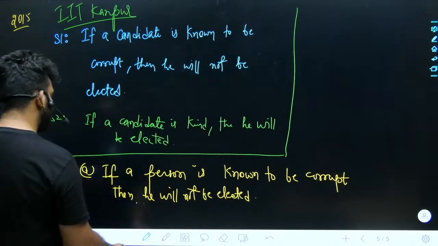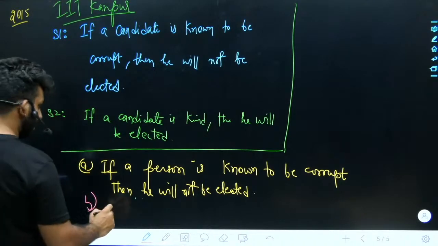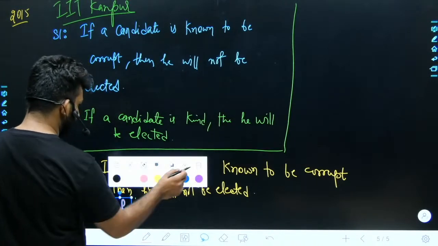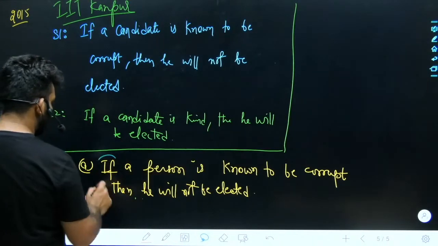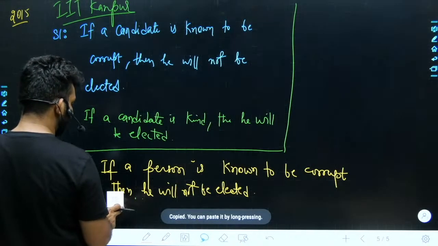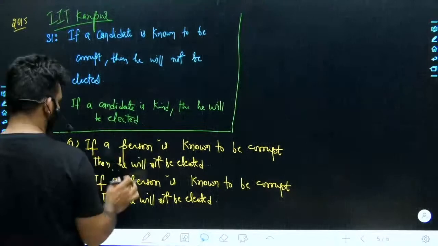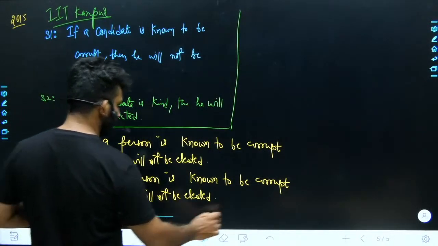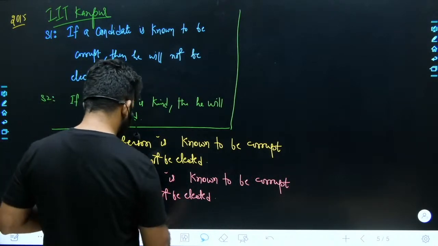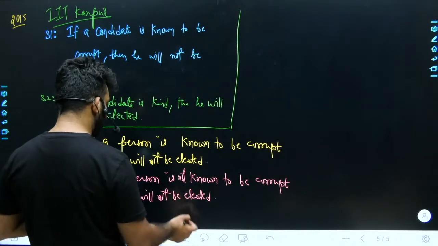The other option, B: if a person is not known to be corrupt, he is not kind.